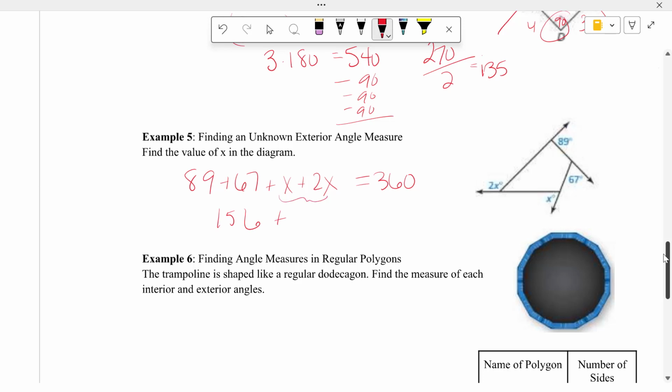I'm going to combine these: 3x equals 360, take away my 156. 360 minus 156, and I get 204. So 3x equals 204. Divide that by 3, and I get 68 for x.